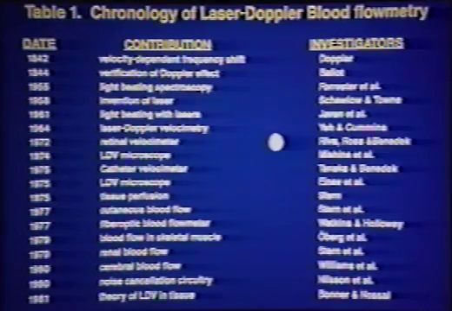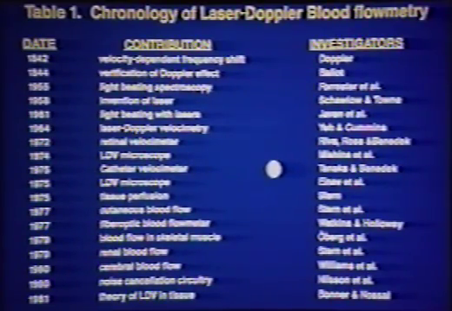And it was only later that the laser Doppler principle began to be employed for measurements of blood flow. And as you can see, the retinal velocimeter, the laser Doppler microscope, the catheter velocimeter using the Doppler principle all came along in the mid-1970s.